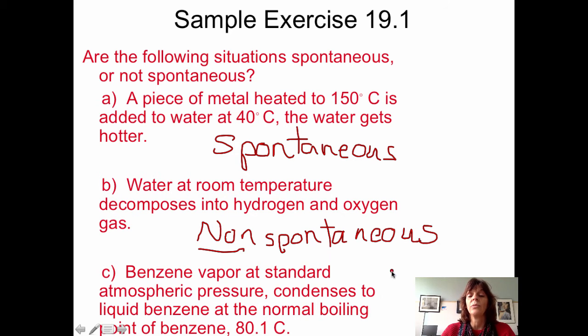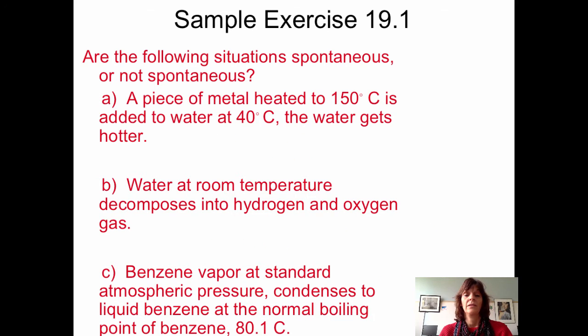It will be at equilibrium, which by definition is neither spontaneous nor non-spontaneous. When something's in equilibrium, then it is not considered to be one of those that drives itself one direction or the other. So the question is, can something be spontaneous in both directions? The answer is no.